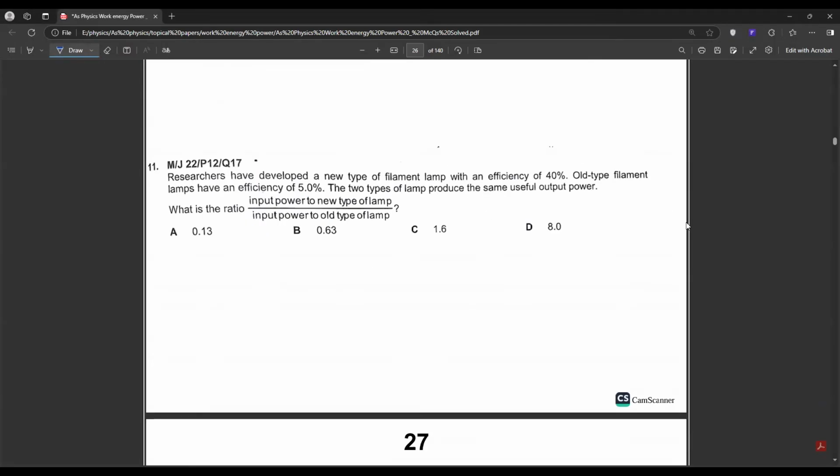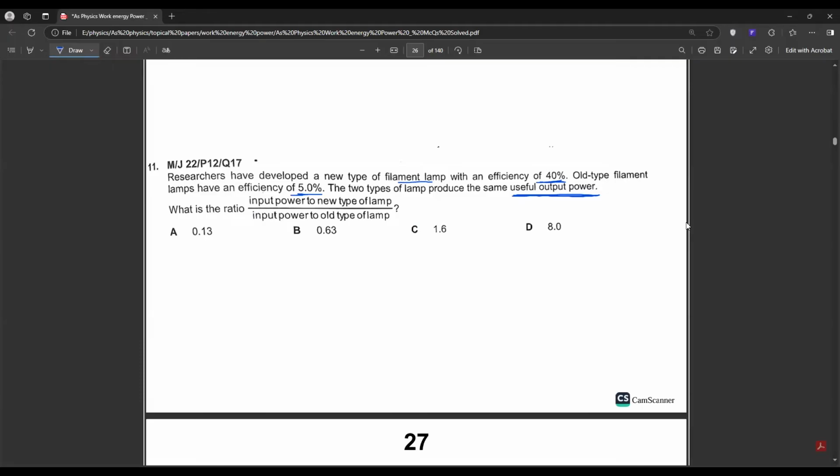Let's see this. Researchers have developed a new type of filament lamp with an efficiency of 40%. Old type filament lamps have an efficiency of 5%. The two types of lamp produce the same useful output power. What is the ratio of input power of the new lamp to the input power of the old lamp?